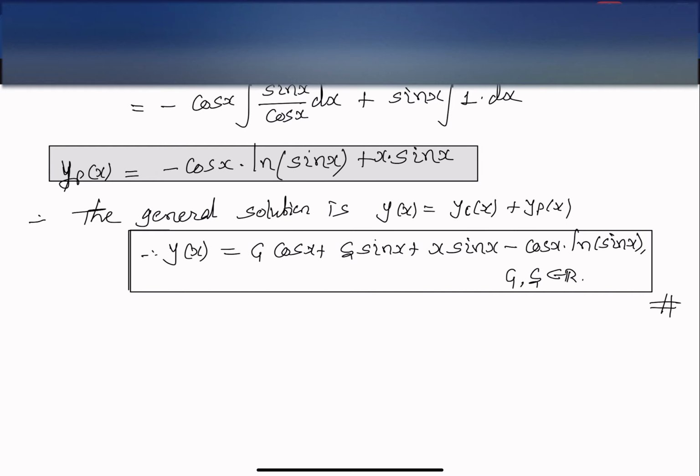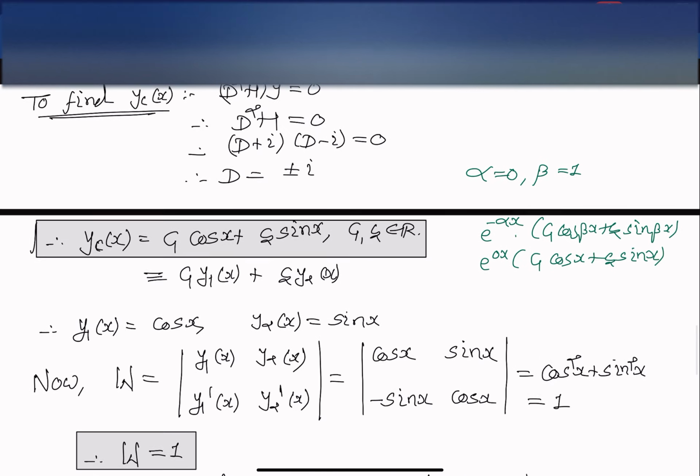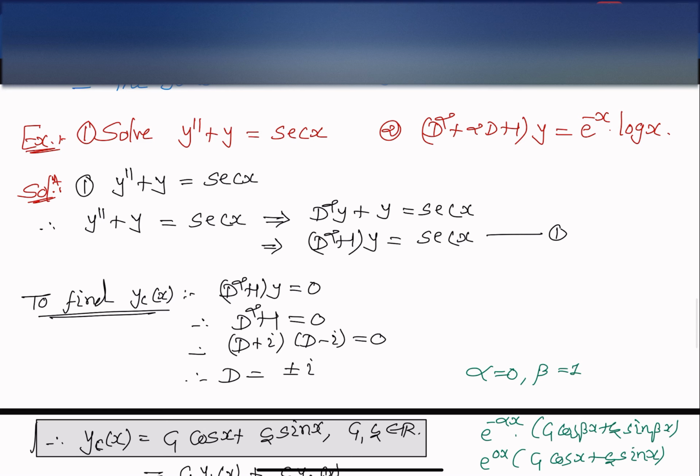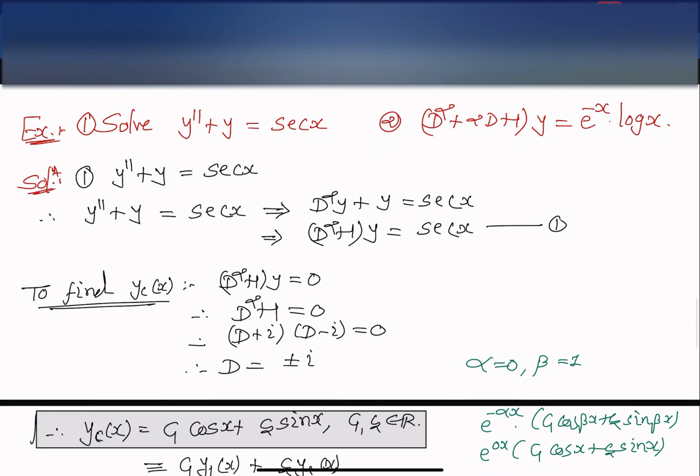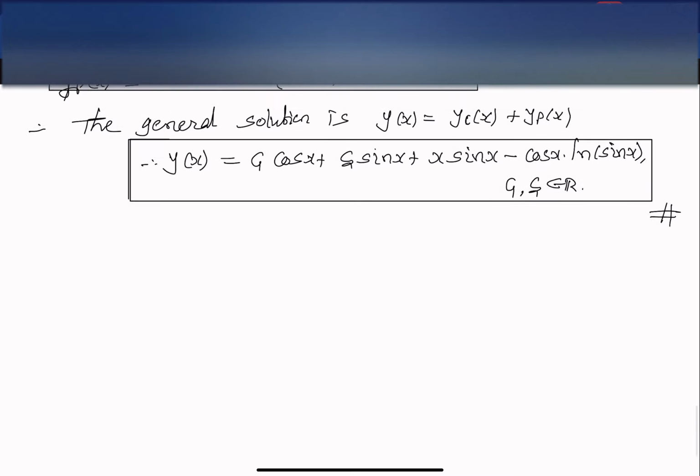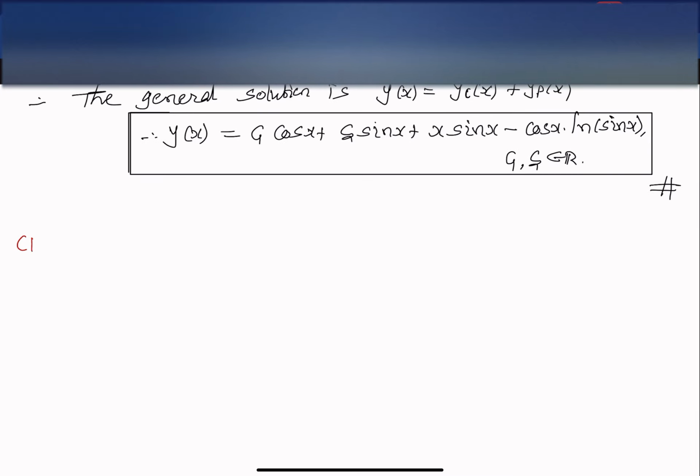Should we discuss another example? We have this another exercise. (D square plus 2D plus 1) y equal to e raised to minus x log x. So let us write the exercise. Second one, (D square plus 2D plus 1) y is equal to e raised to minus x log x.